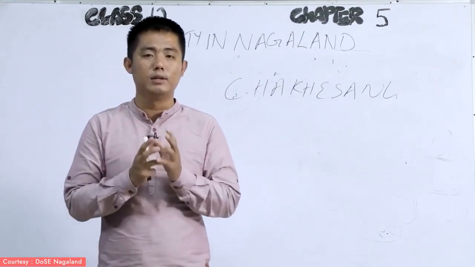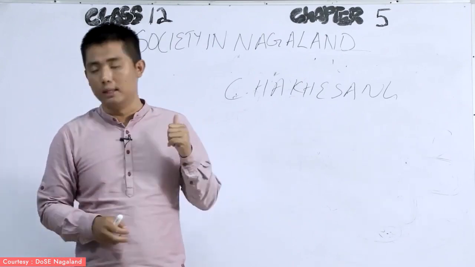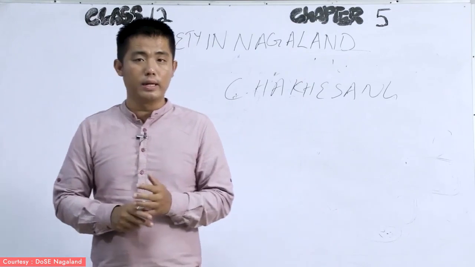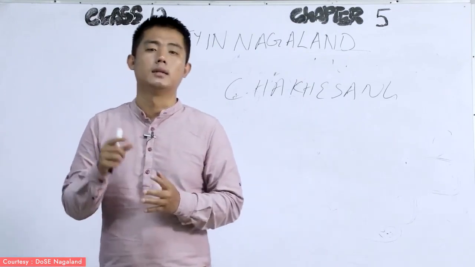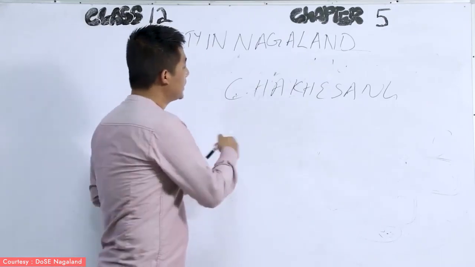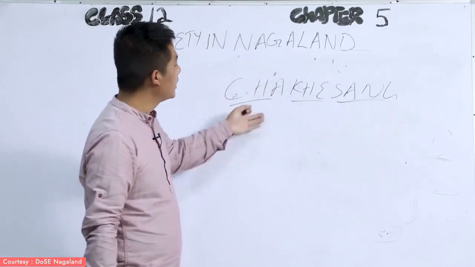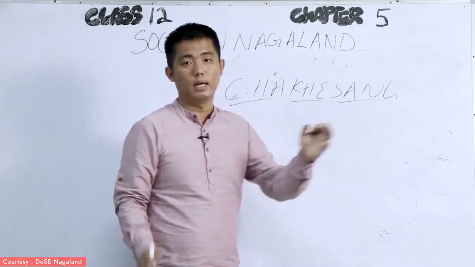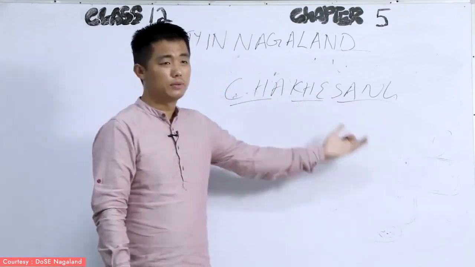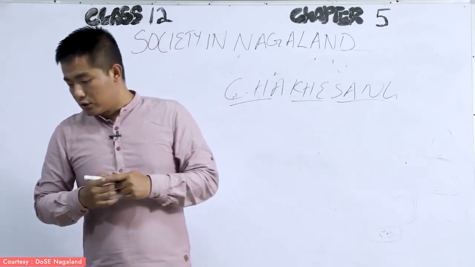That is what is given in your textbook, page number 60. Kindly underline these particular names also: Chokri, Khezha, and the Sangtams. That is the combination of these three particular words, and that is the acronym of this particular tribe called Chakhesang.